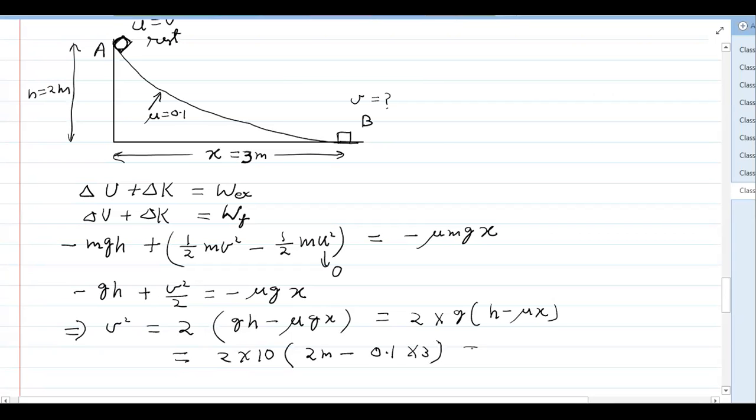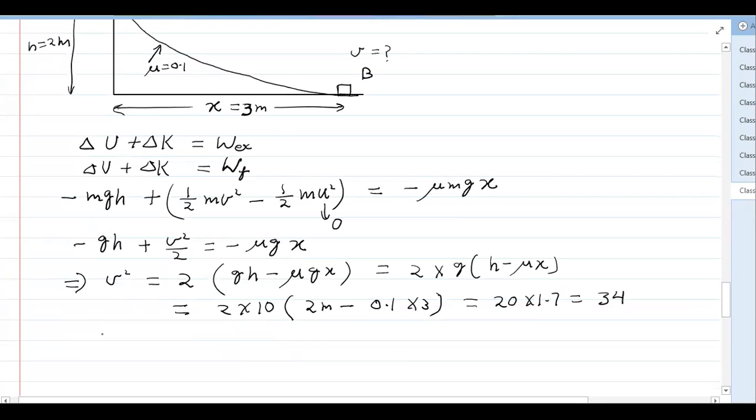Okay, so we are getting 2 minus 0.3, so 1.7. So 20 into 1.7, or 34 we are getting. So 34 units, whatever, is v square. So root 34 we are getting. So the velocity we are getting is root 34, in meter per second.